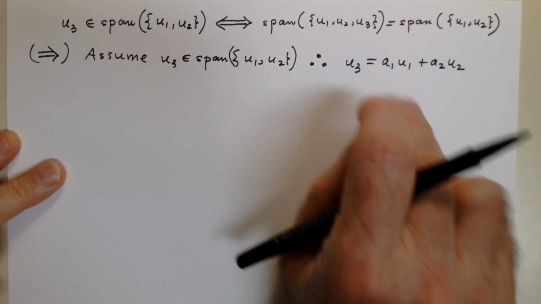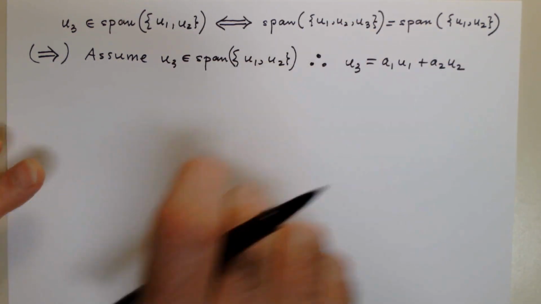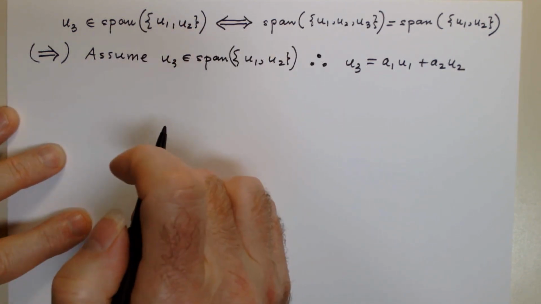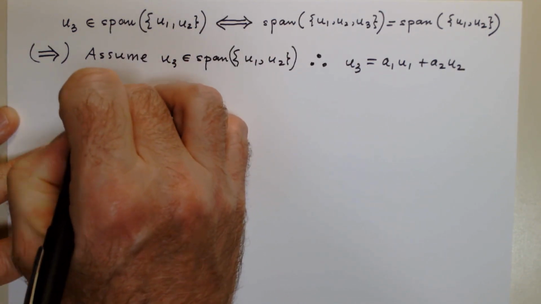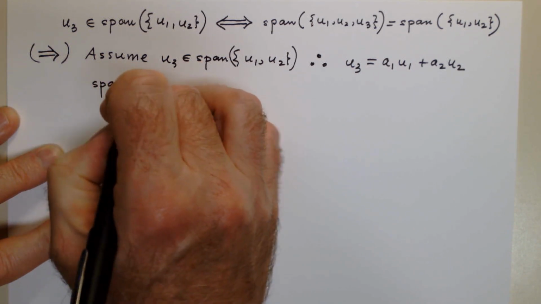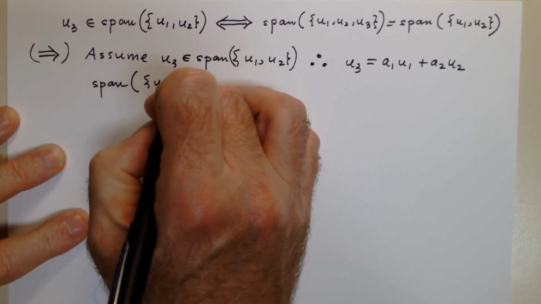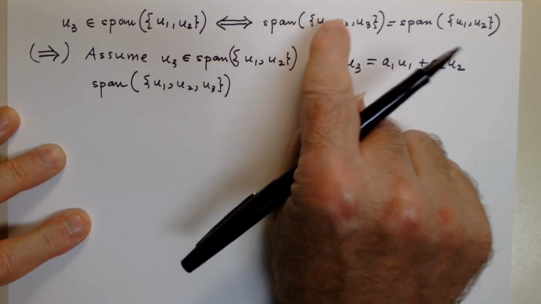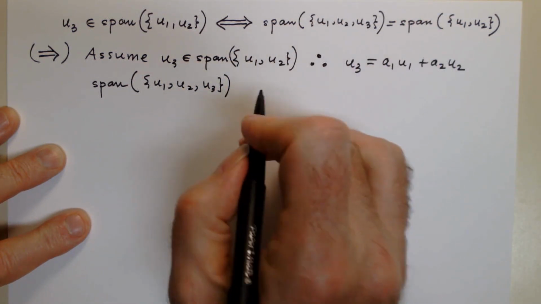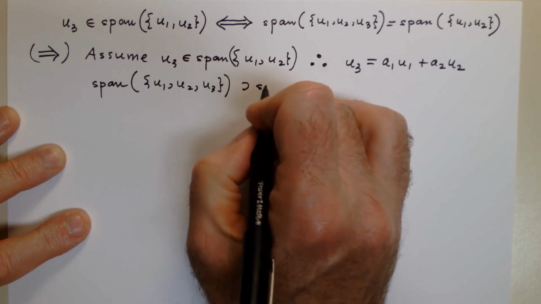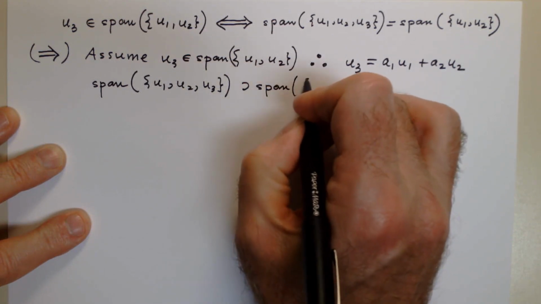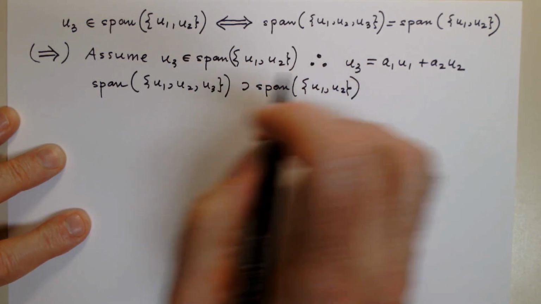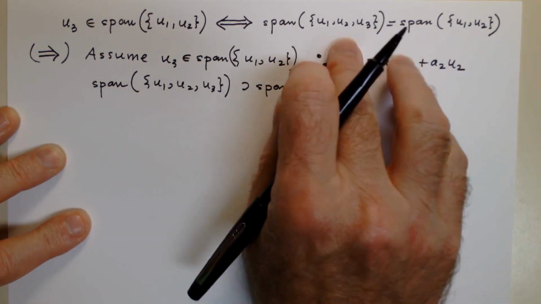Now, generally when you want to show that two sets are equal, you have to show two things. The set on the left contains the set on the right. And the set on the right contains the set on the left.